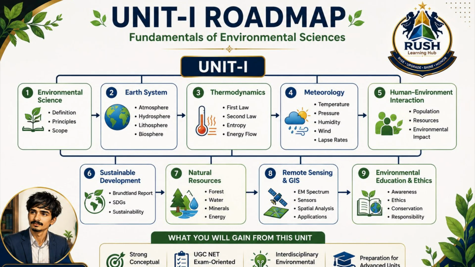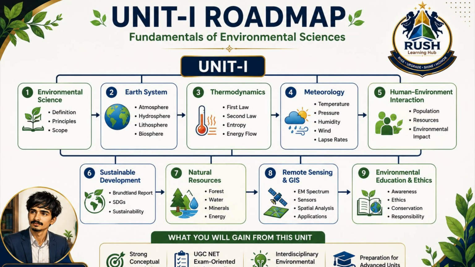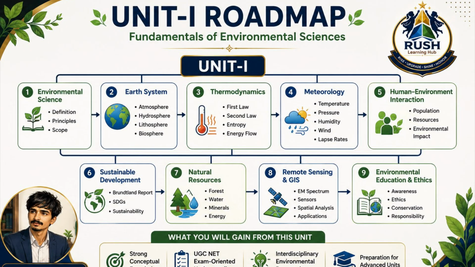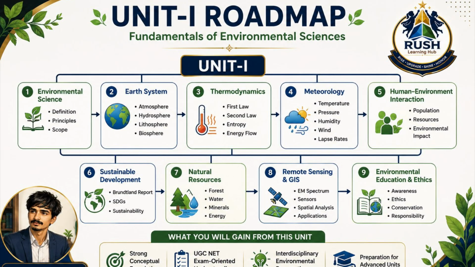We begin with environmental science itself. Here, we will understand its definition, principles, and scope. Environmental science is not limited to studying nature, it integrates knowledge from biology, chemistry, physics, geology, geography, and social sciences to solve environmental problems and promote sustainable development.